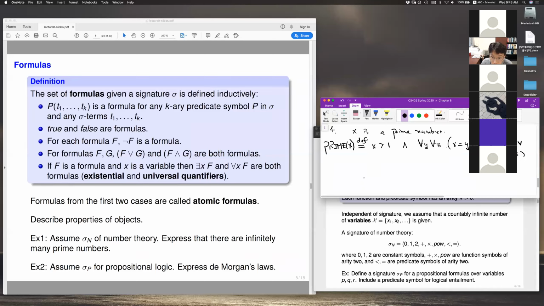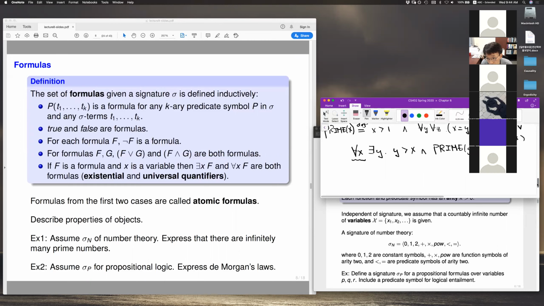Then to say there are infinitely many prime numbers, all I have to do is for every number x, I can always find y such that y is greater than x. Furthermore, y is a prime. If you macro expand this prime y according to its definition, then that's the statement that expresses there are infinitely many prime numbers. And this universal quantification is the one you use to express that.